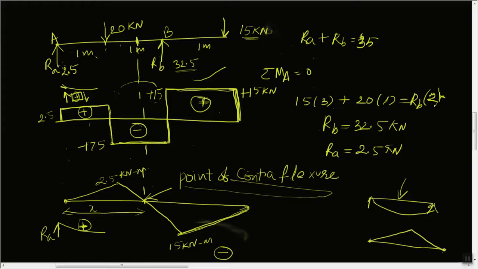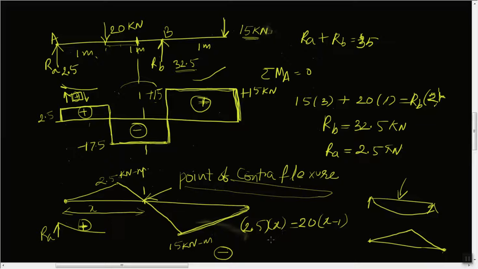So RA into x, RA is 2.5, into x must be equal to this 20 into this distance. This distance is nothing but x minus 1.